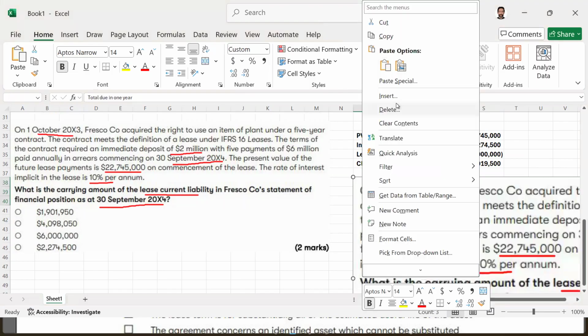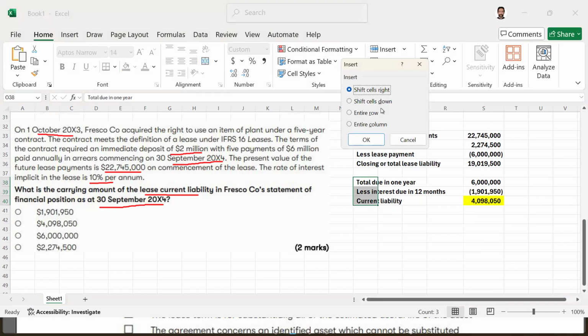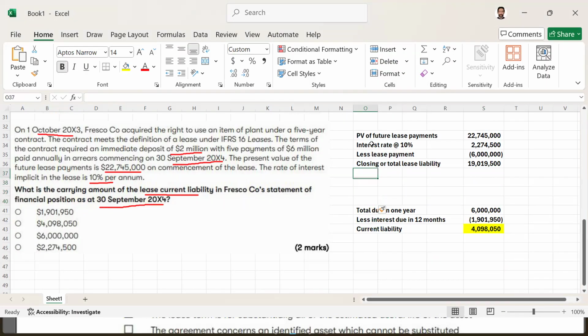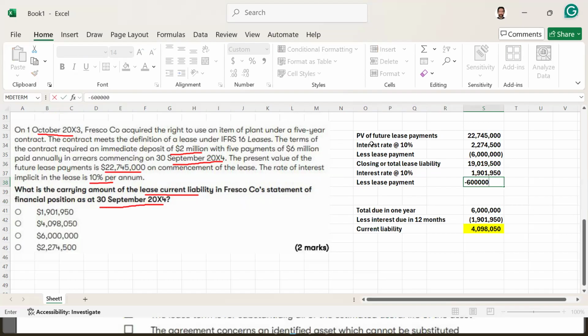We will just find the current liability for the next year. Okay, so we're just going to follow the usual way. That is the interest at 10%, which is going to be this value multiplied by 10%. And we're going to take away the lease payment, which is going to be 6 million. And we're going to have the closing lease liability at 30th of September x5.